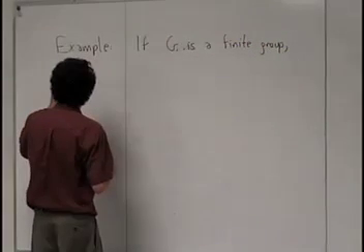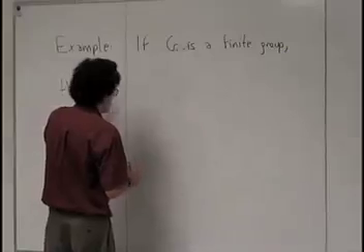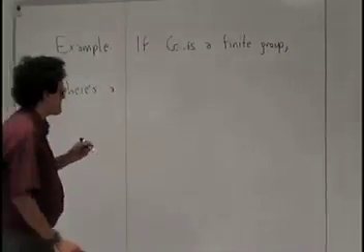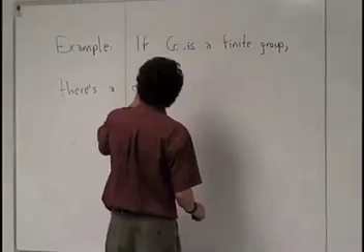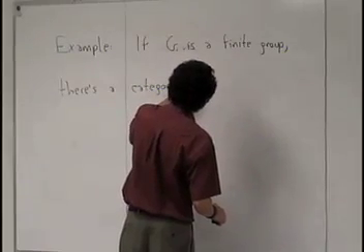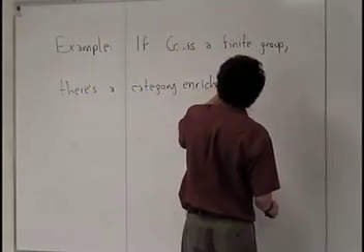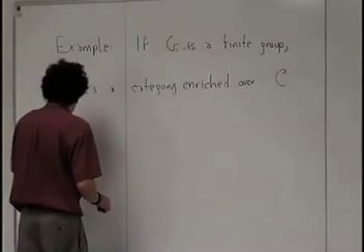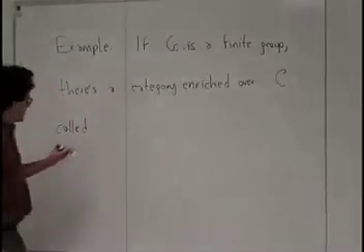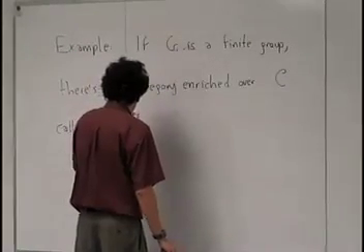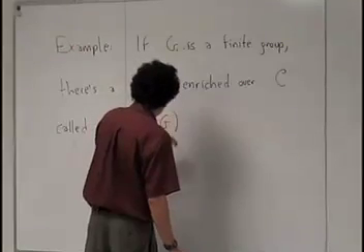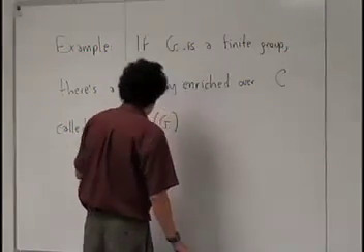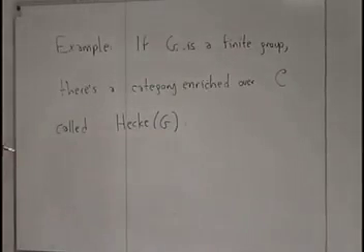There's a category enriched over C that you can attach to it. And for lack of a better name, I'll call it the Hecke category, Hecke of G. So what are the objects going to be, and what are the Hom thingies going to be?